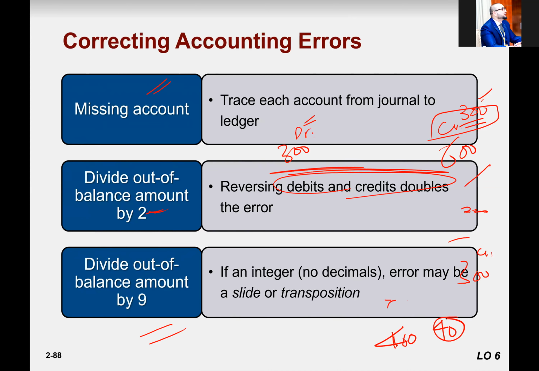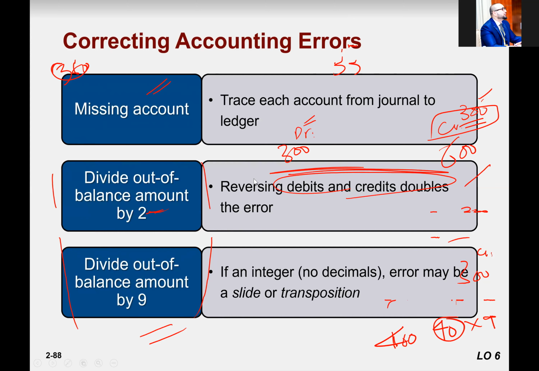You can also find out by multiplying by 9, it means 360. 9 times 40 is 360. You didn't post, you just made an entry of 40, and the difference is 360. So don't worry about this stuff. When the question occurs, you will automatically understand that.